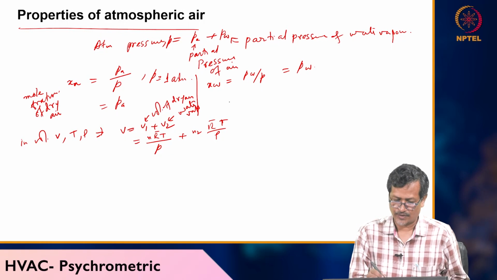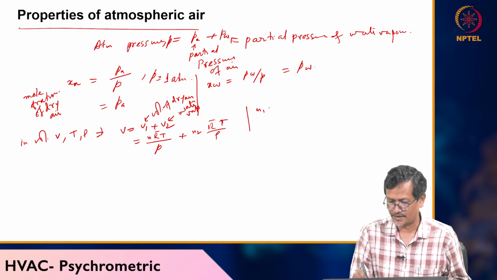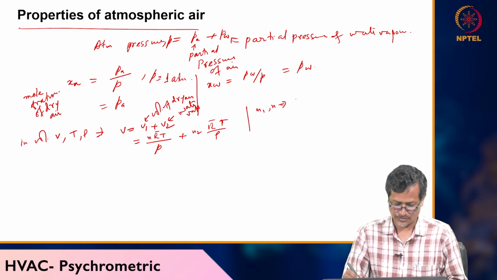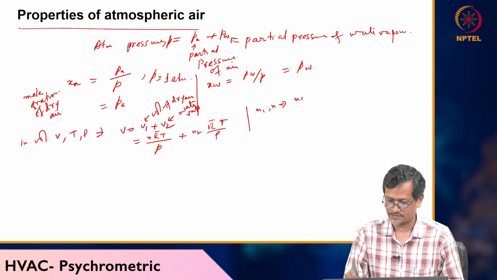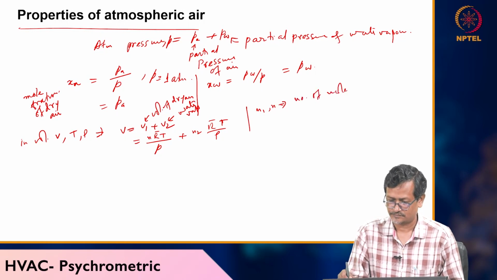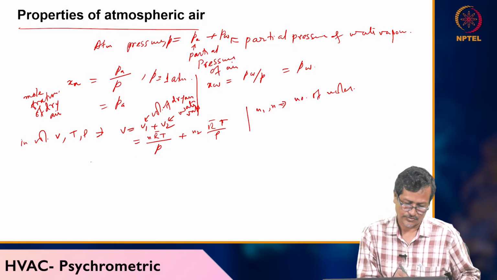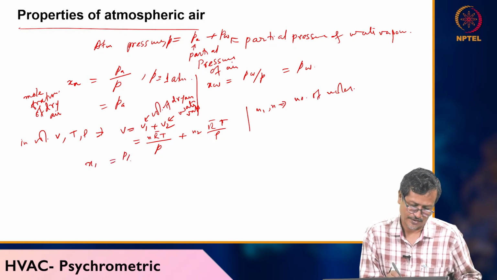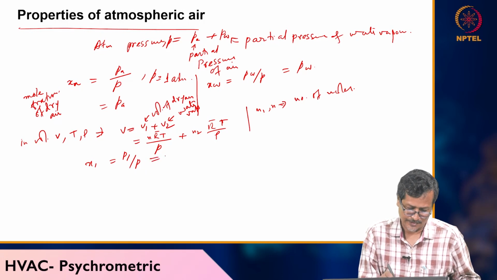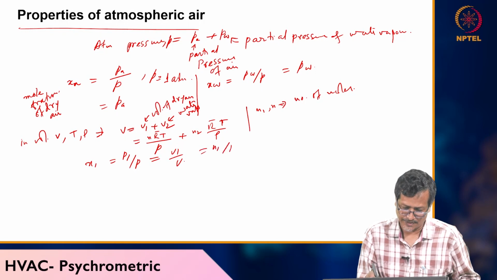N1 and N2 are the numbers of moles. So x1 equals p1 by p equals v1 by v equals n1 by n.